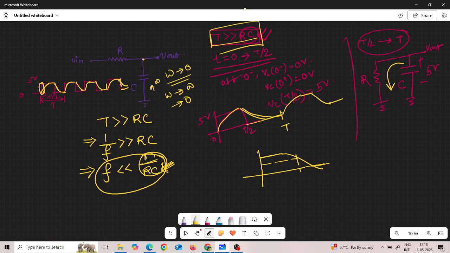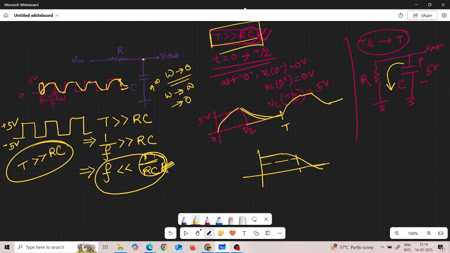So this is how you can analyze this circuit. For the pulse input, your output will look like this. You can do another thing: suppose this type of input is given, and you have to tell me what the output will be if this kind of input is given, with the condition that T is much greater than RC.